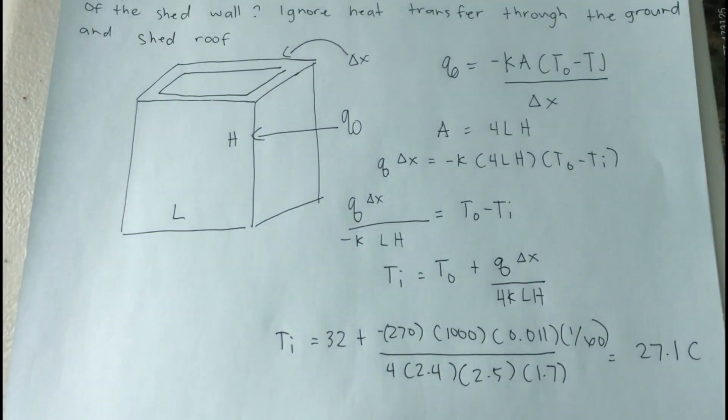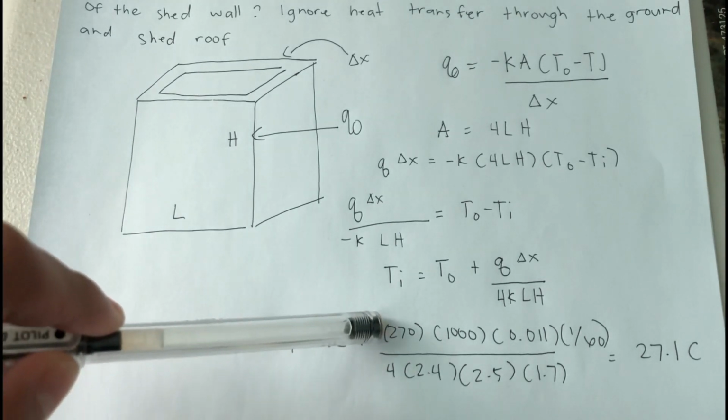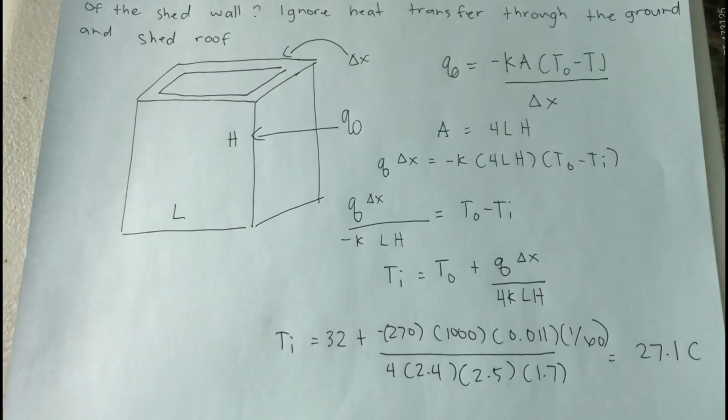Now we need to convert the wall thickness to meters. So this is converting the 1.1 centimeters to meters. And here, this little negative sign is because remember delta X is always negative, so you have to put a little negative sign right there to make your number come out right.